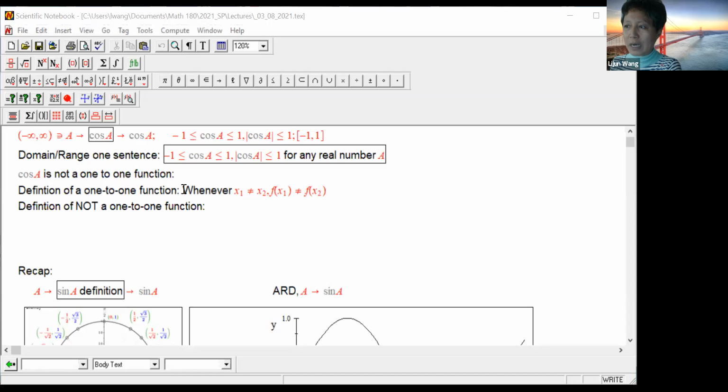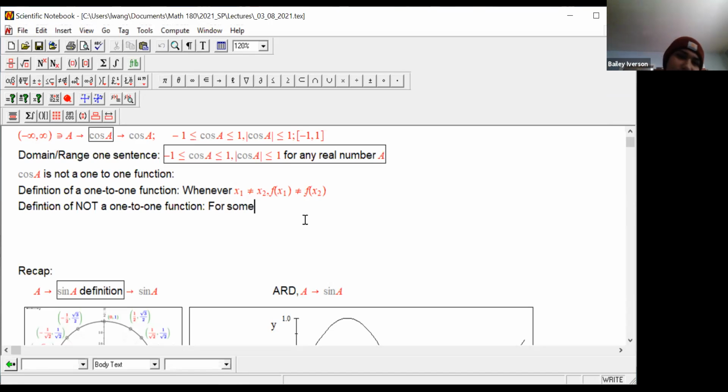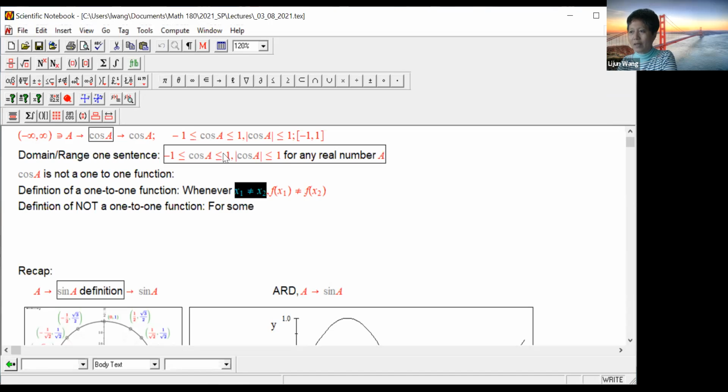Yeah, so you have to figure out what is the opposite of whenever. It is for some. For some, x1 is not the same as x2, f of x1 is the same as f of x2. Do you think that looks like the opposite?